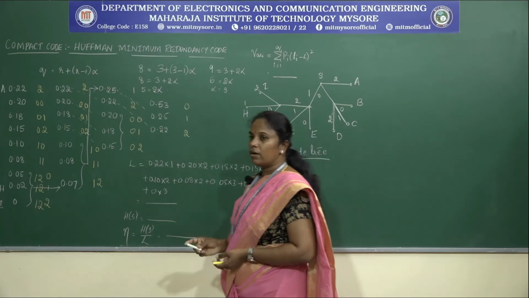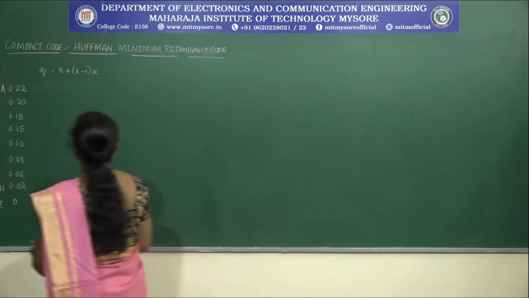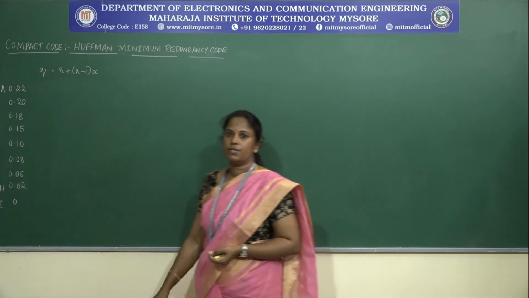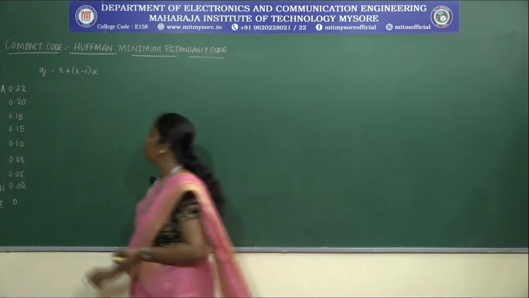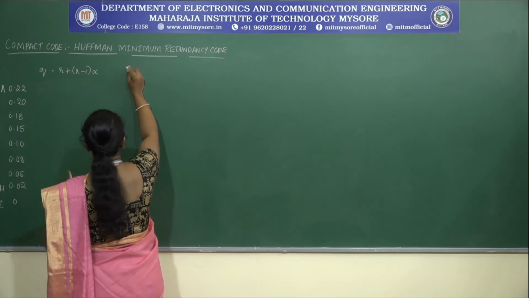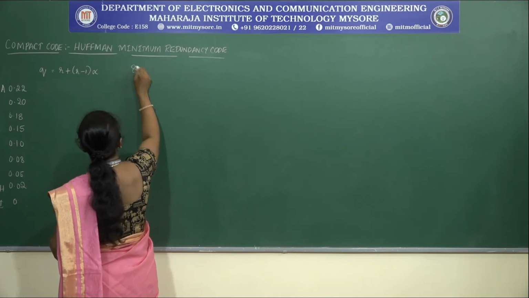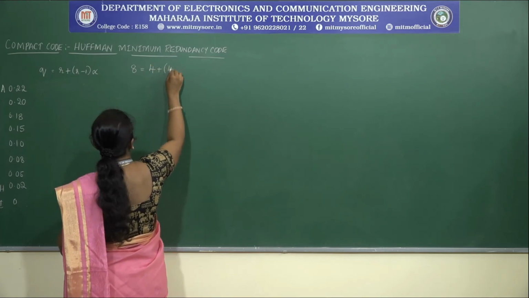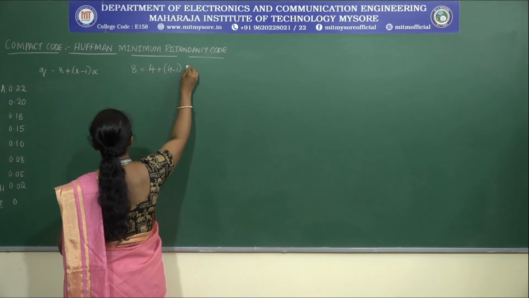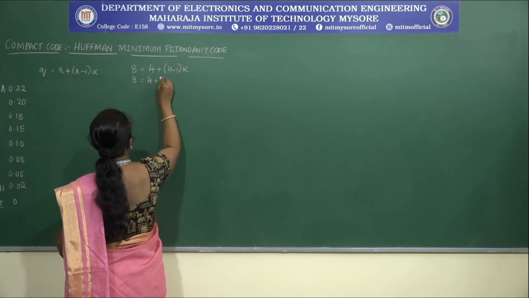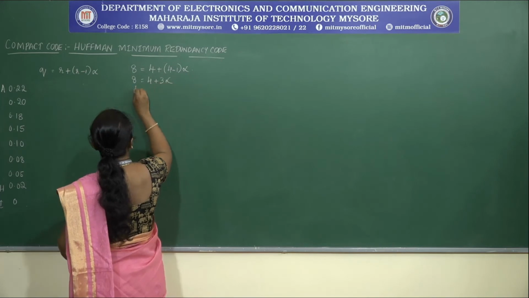So now let us go for the quaternary coding. Quaternary means we need to combine 4 symbols together. We have 8 source symbols, so 8 is equal to R, that is 4, plus (R minus 1) into alpha, that is 4 plus 3 alpha.